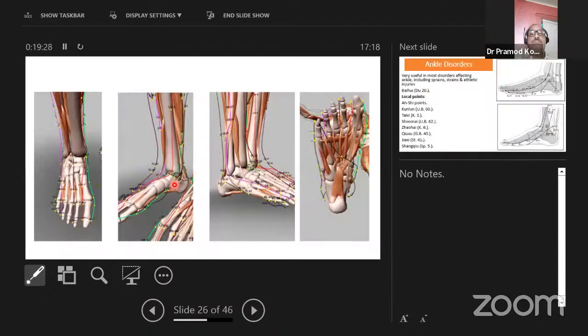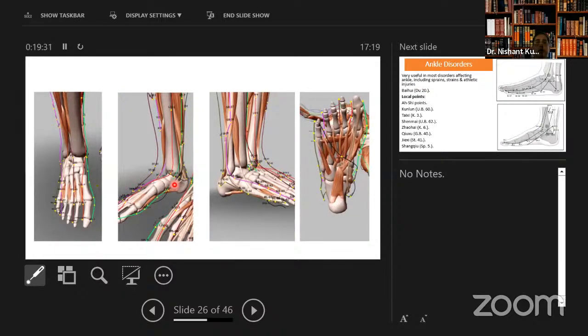So the most common points that are there are for the plantar region. In the sole, the most important channel is the kidney channel, and laterally is the UB channel, okay, and anteriorly is the stomach channel. This is how you try to remember. You have to remember the channel according to the region that you are going to treat, or you can remember the channel region wise.